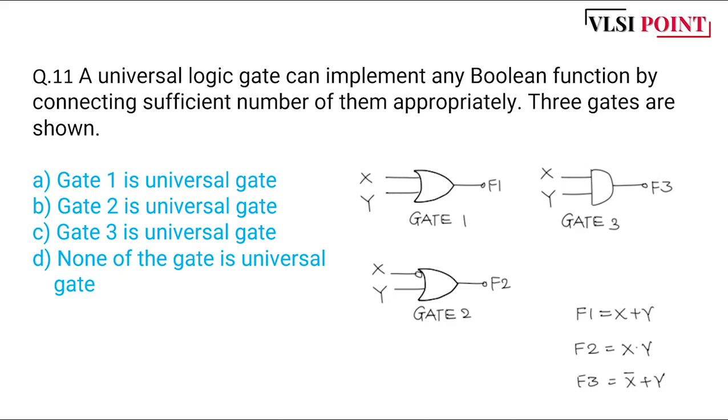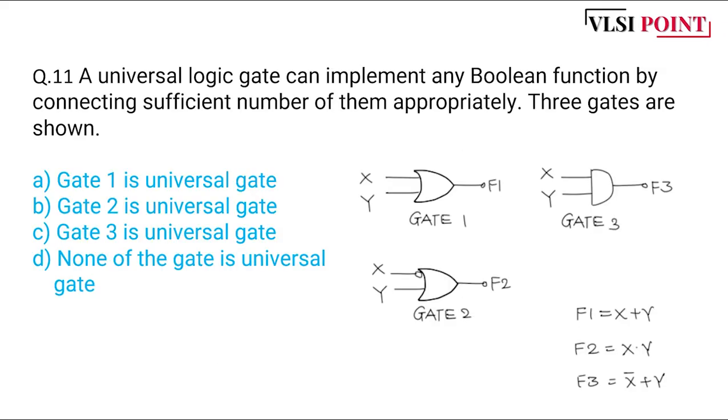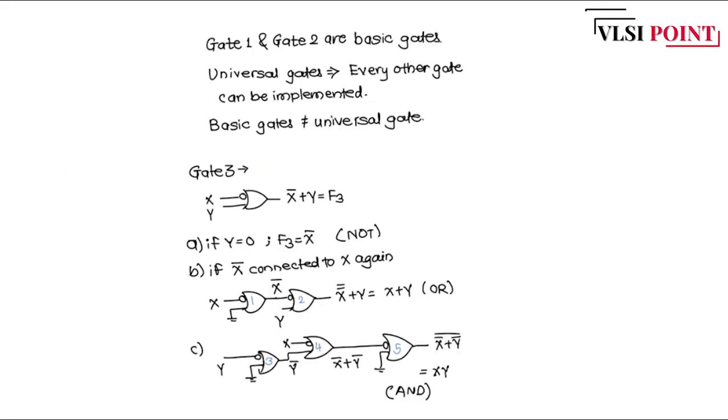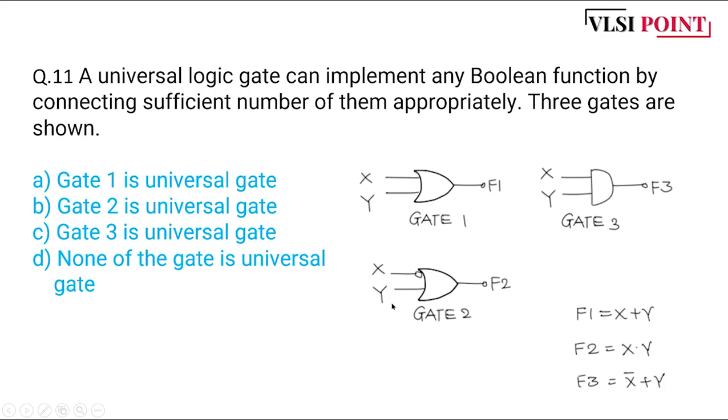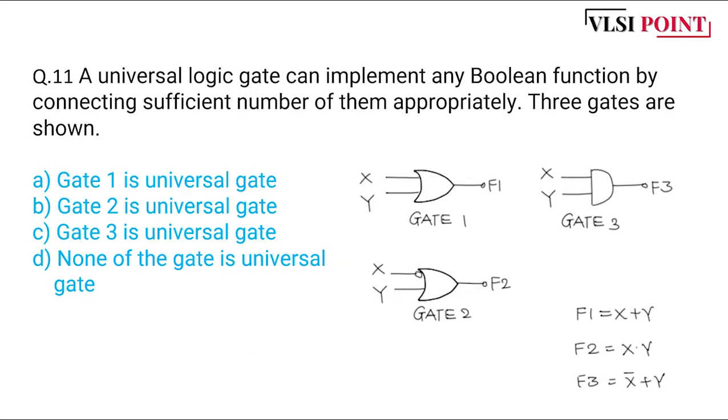Okay, let's solve this. So gate 1 and gate 3, these are the basic gates. So we know if the gates are basic gates, we can't say that basic gates are universal gates. So gate 1 and this particular gate 3 are not universal gates. So we are rejecting options A and C. Why are these gates not universal?